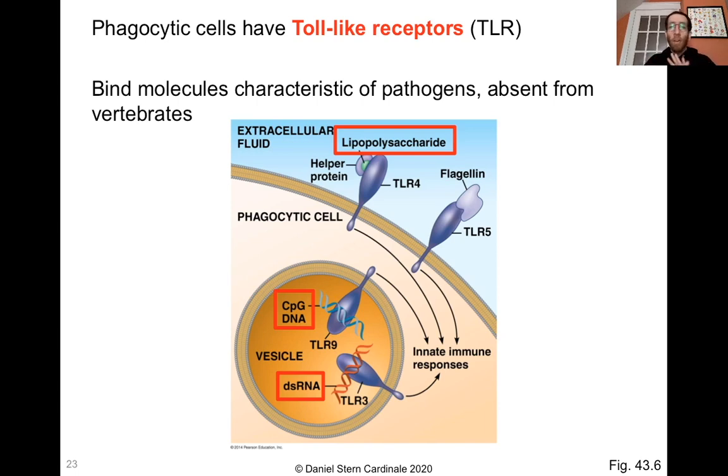Now remember, you don't need to know any of that stuff about CpG DNA and cytokine storms. That's just for your information and because I think it's interesting. But you need to know toll-like receptors and that they detect things that are characteristic of pathogens that we do not make, and that stimulates the response from the phagocytic cells.